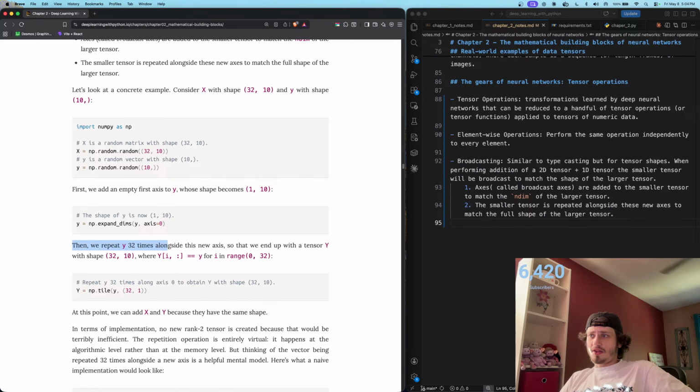Then we repeat Y 32 times, those 32 rows, to match the 32 rows of X.